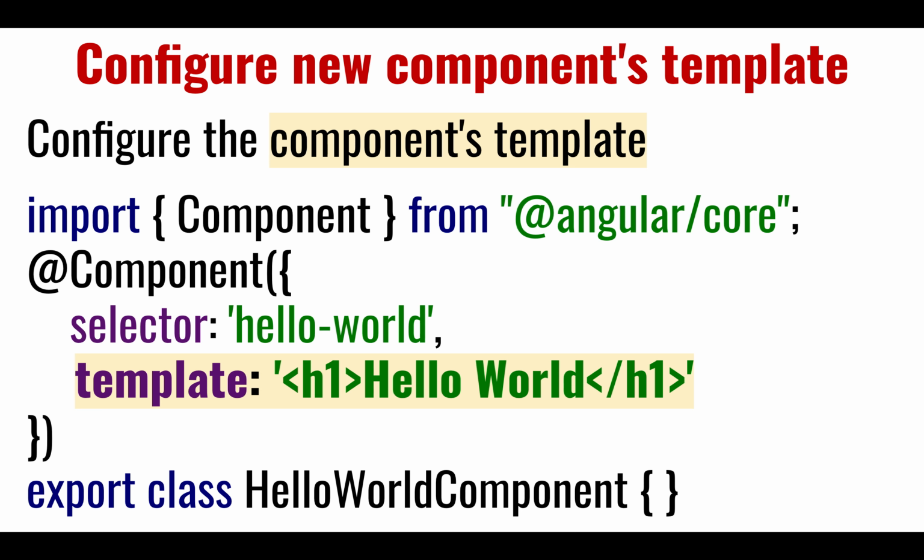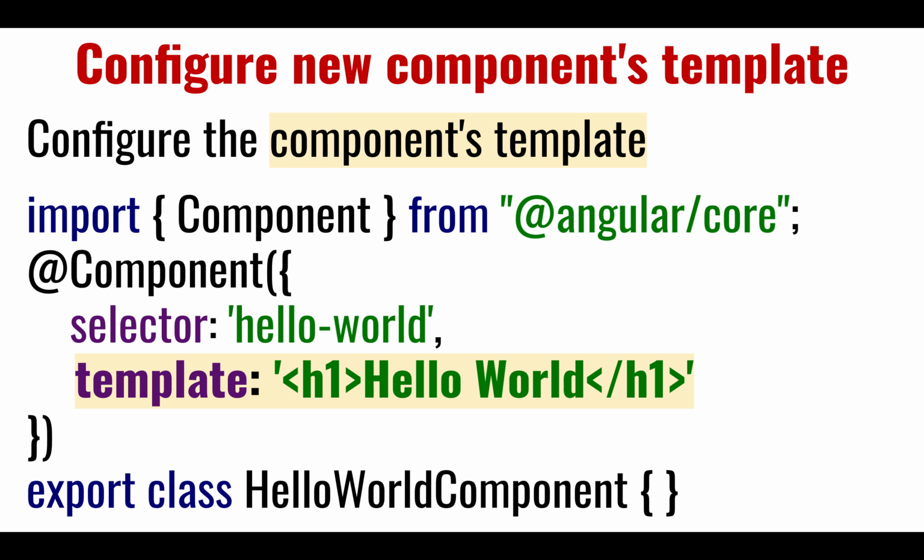Here we're breaking that rule. We're saying that template here is the HTML that will render whenever somebody references this component. We could do a template, and this is the equivalent of doing a render that returns h1 hello world. But typically we're not going to do this.